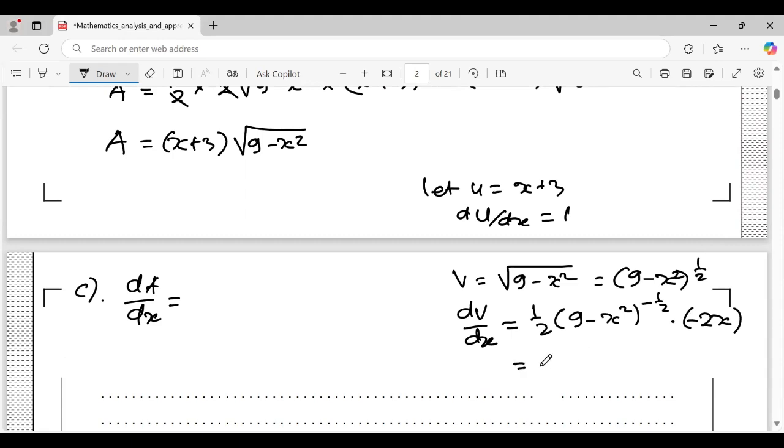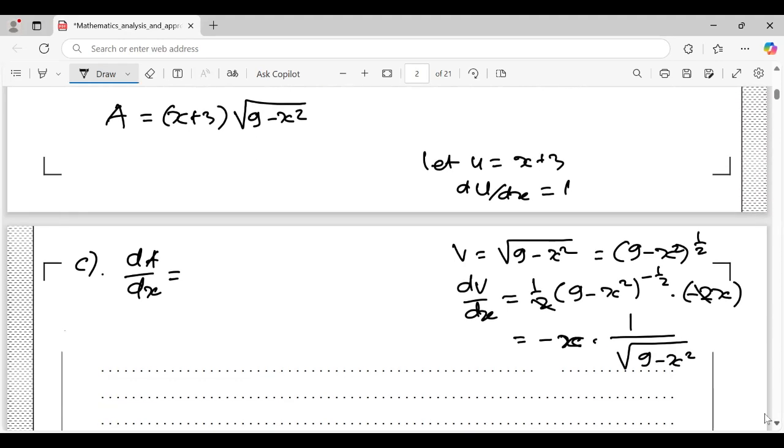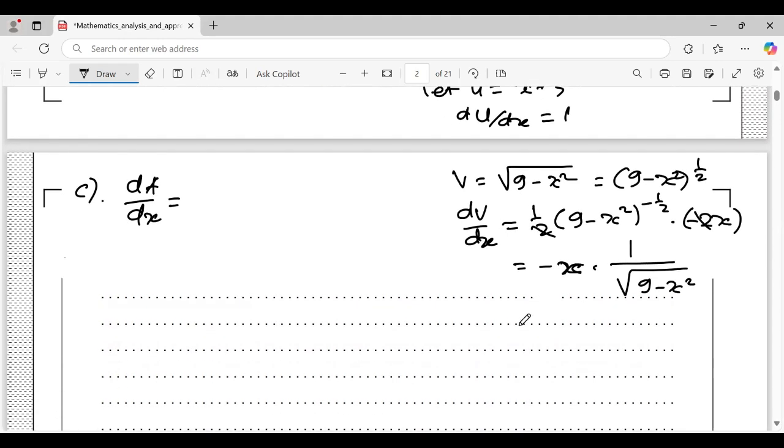So it is minus x times 1 over square root 9 minus x squared, and it becomes minus x over square root 9 minus x squared.